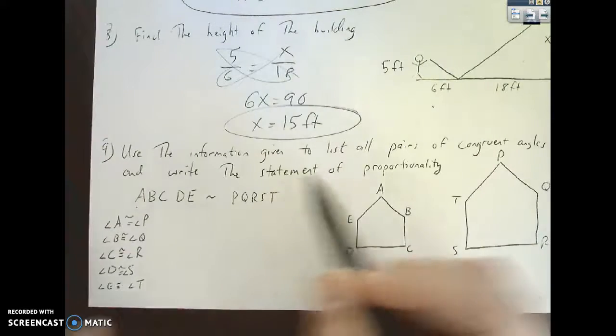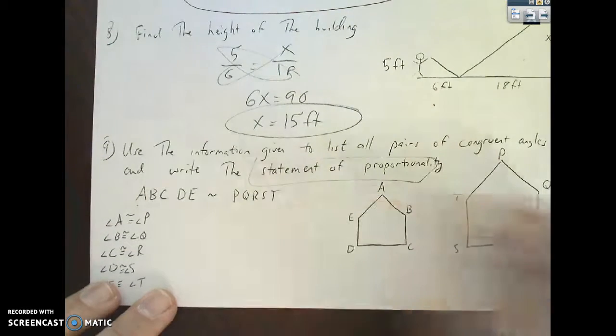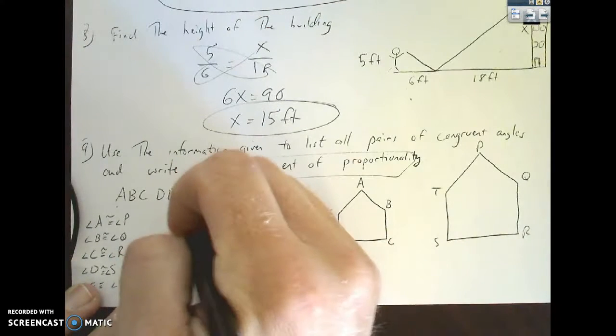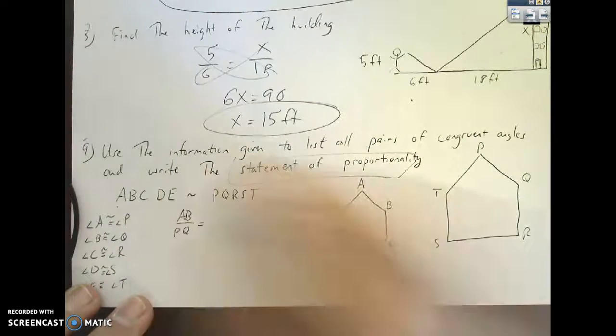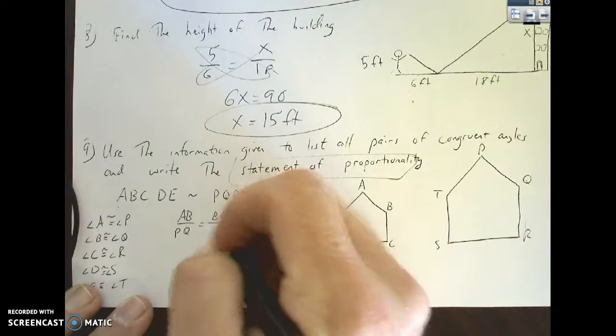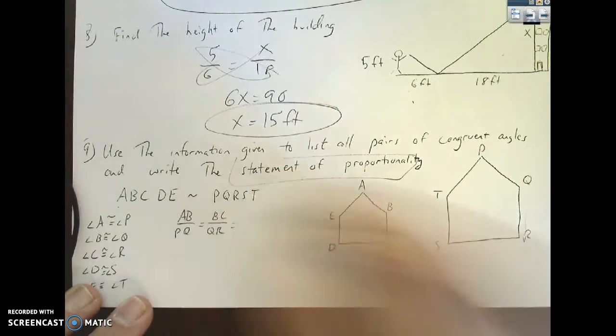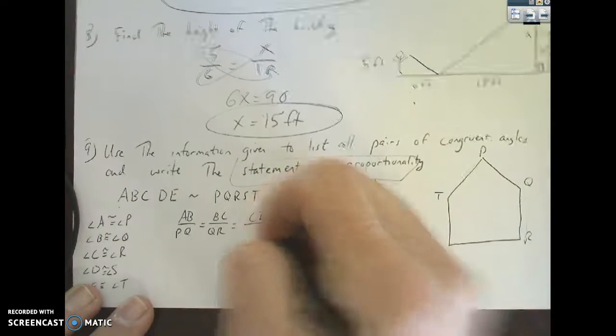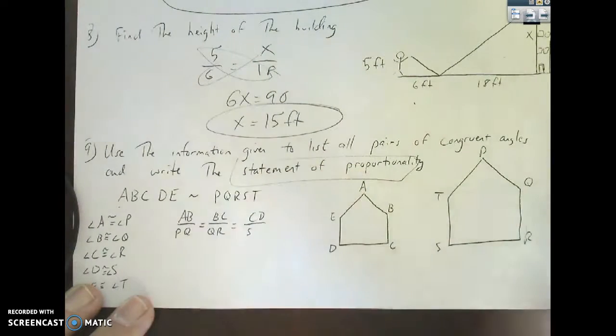As far as your statement of proportionality, guys, I'm asking you to do this on a test. Please hear me out. You're comparing all your sides. AB over PQ equals BC over QR equals DC over SR. Yeah, no, I said DC and I wrote down CD.